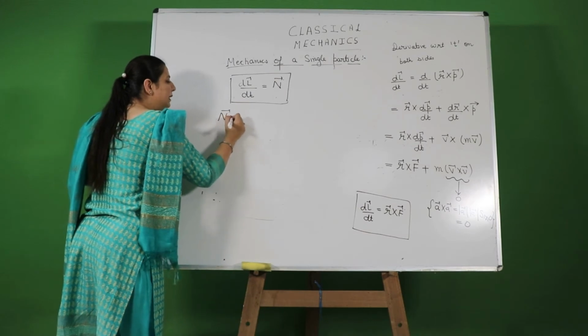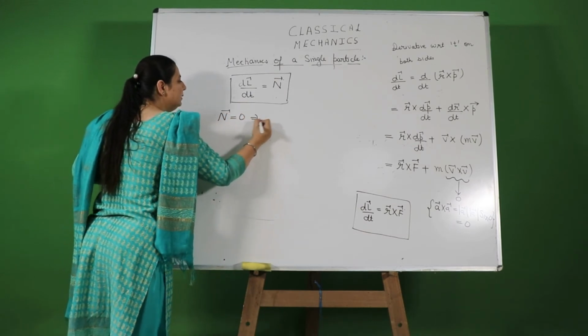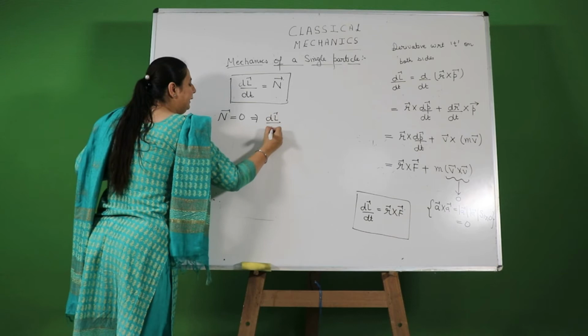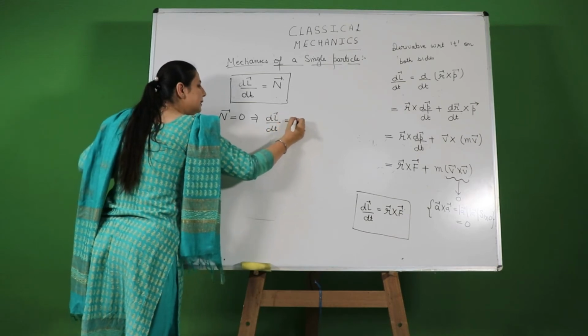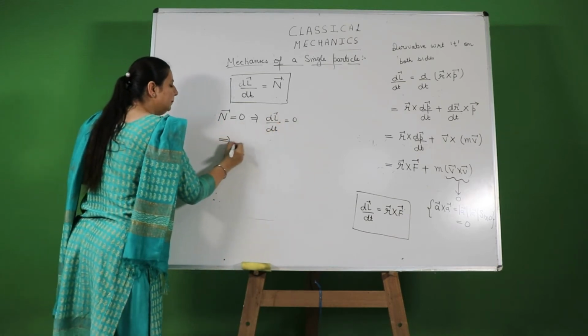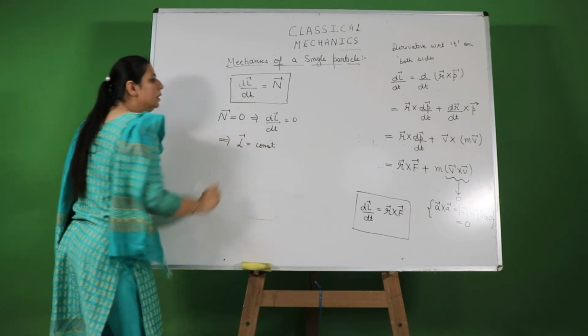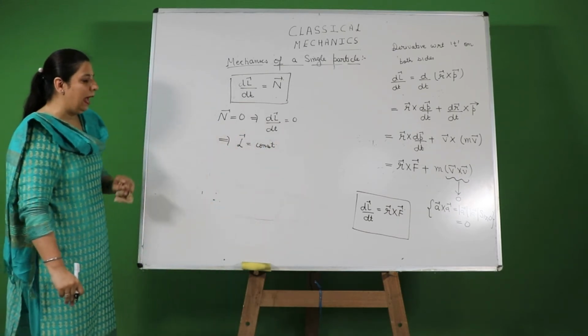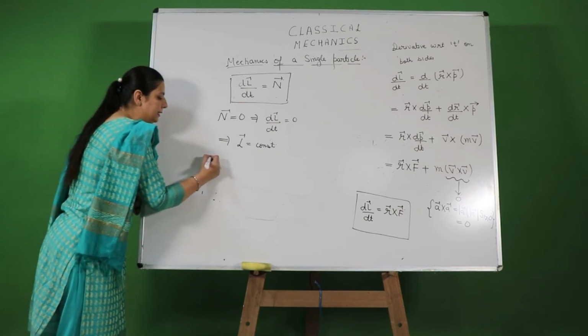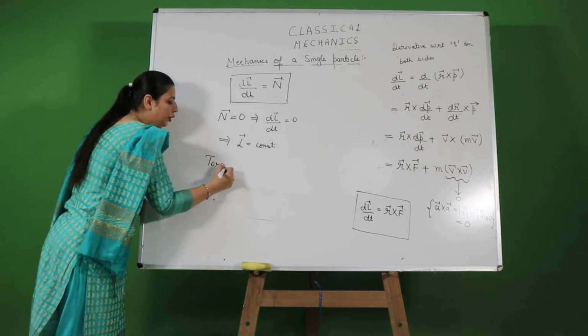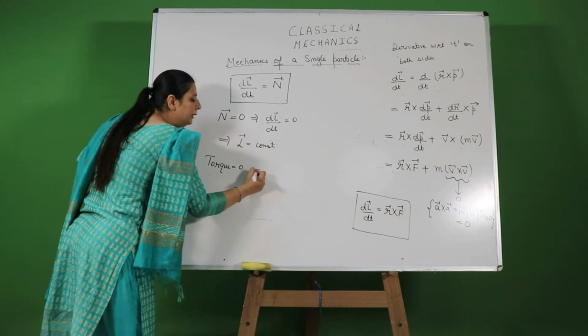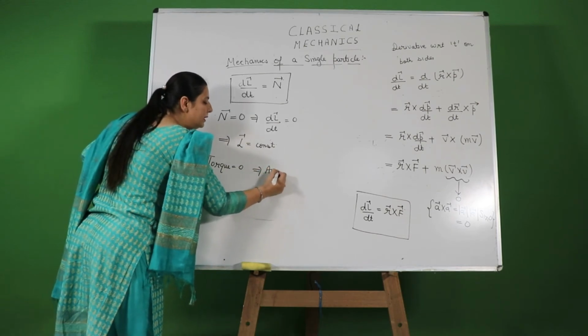When torque will be 0, this implies dL upon dt is 0, which makes L equal to constant. So this is my conservation of angular momentum, which states that when torque is 0, then angular momentum is constant.